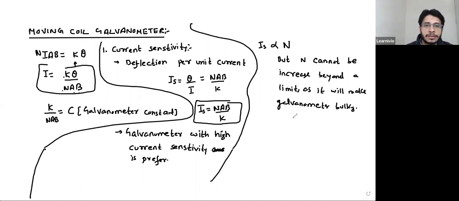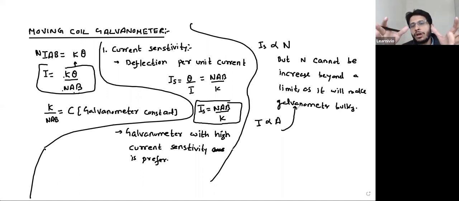IS is also proportional to A, which means if you keep increasing the area of the coil, the current sensitivity will also increase, but again there is the same limit. You cannot increase the area of the coil beyond a certain limit, because the size of the coil will increase.